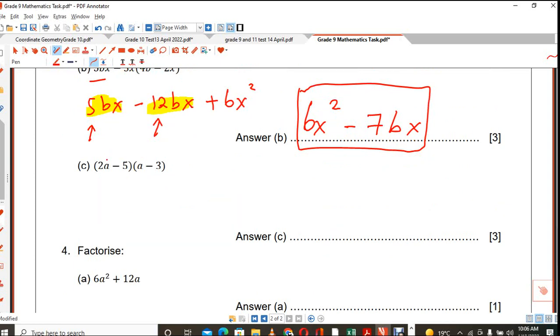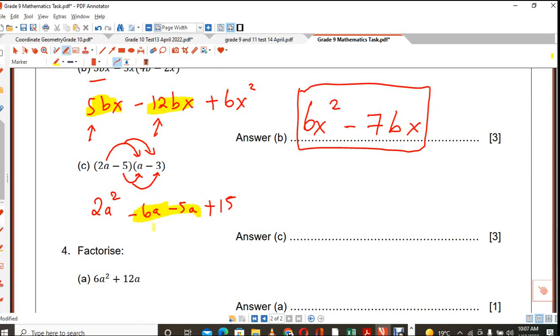This is supposed to be very straightforward. You multiply that, you get 2a squared. With me? Then you multiply the 2a with that, you get minus 6a. And then you come here, you get minus 5a. And a negative times a negative gives you a positive. The problem, most of you, was here.